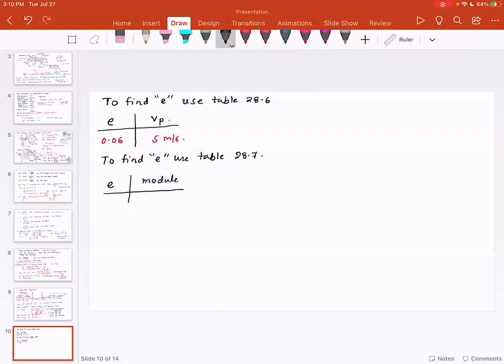So depending upon the type of gear, whether you have first class, commercially cut, or carefully cut, or you have precision gears, you have different values of E for different values of module.